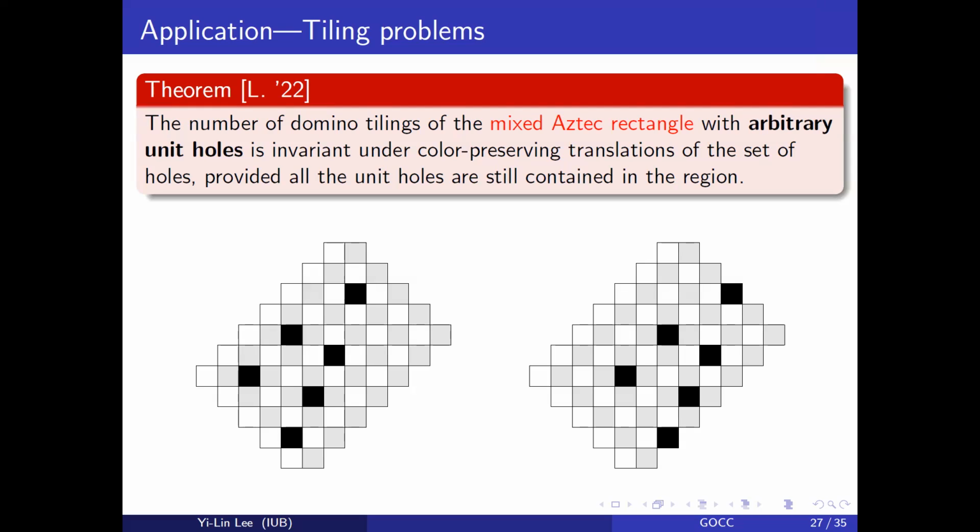So maybe there's a simple bijection between tilings with the holes at different positions, but I think it's not very direct. They could have a bijection, but at this point, I didn't see how it works.